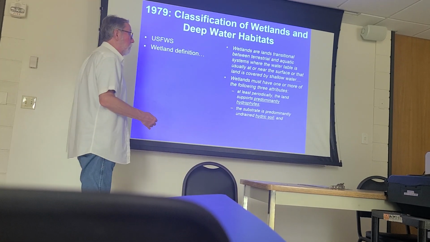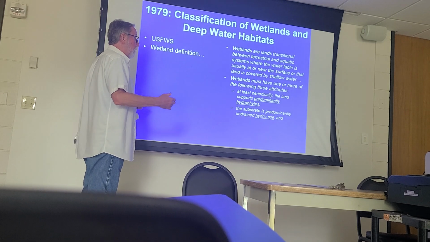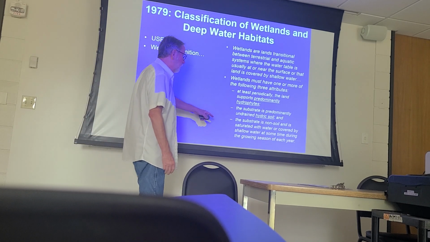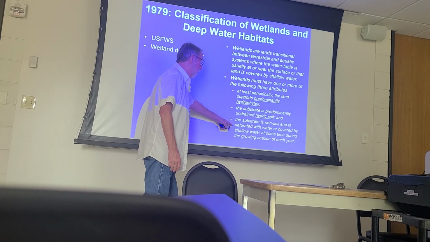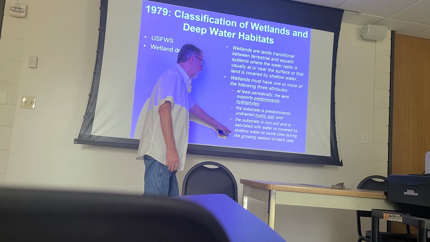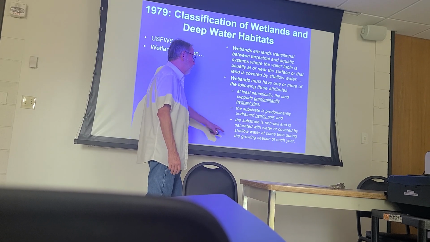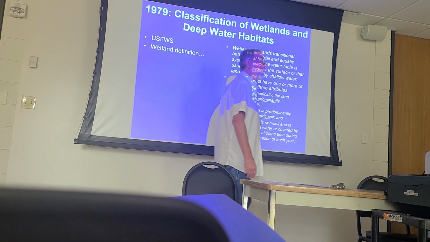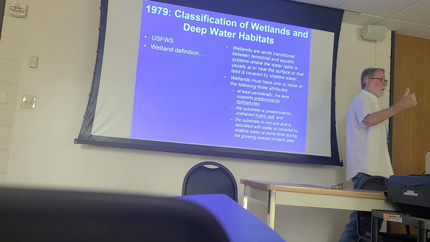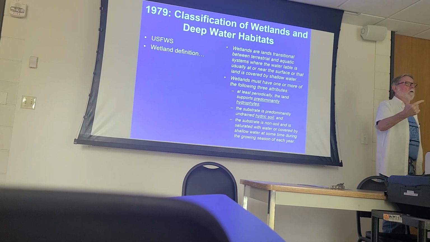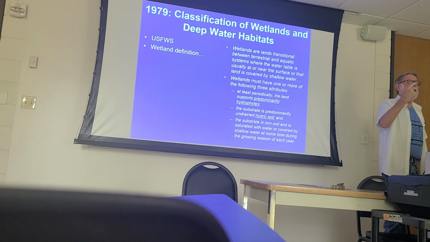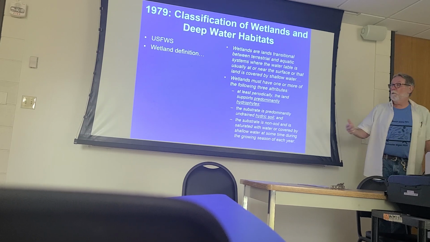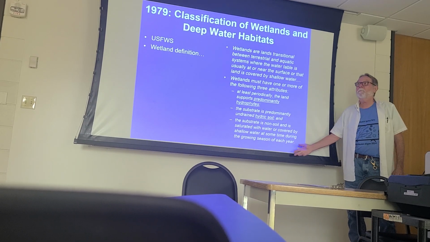And finally, the substrate is non-soil and is saturated with water or covered by shallow water sometime during the growing season. So you've got to have hydrology, hydric soil, hydrophytes. Those are the three things that make a wetland.